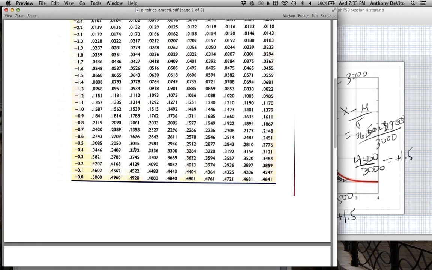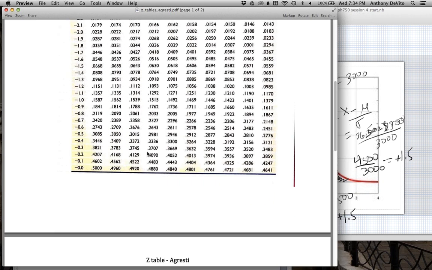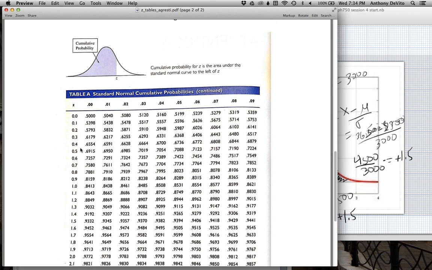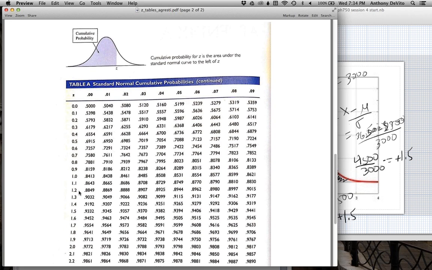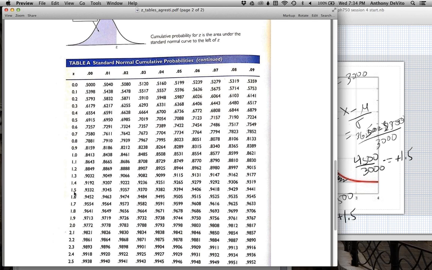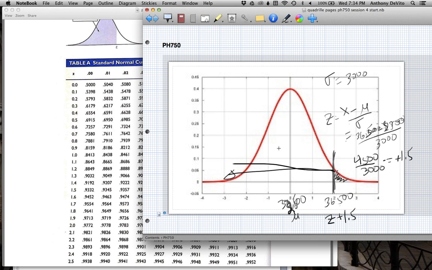We're going to look up a z-score of 1.5. It's going to be on the second page. Z-score of 0, Z-score of 1, Z-score of 1.50 is 0.9332. 93.3% of the population of these teachers has a salary below $36,500.